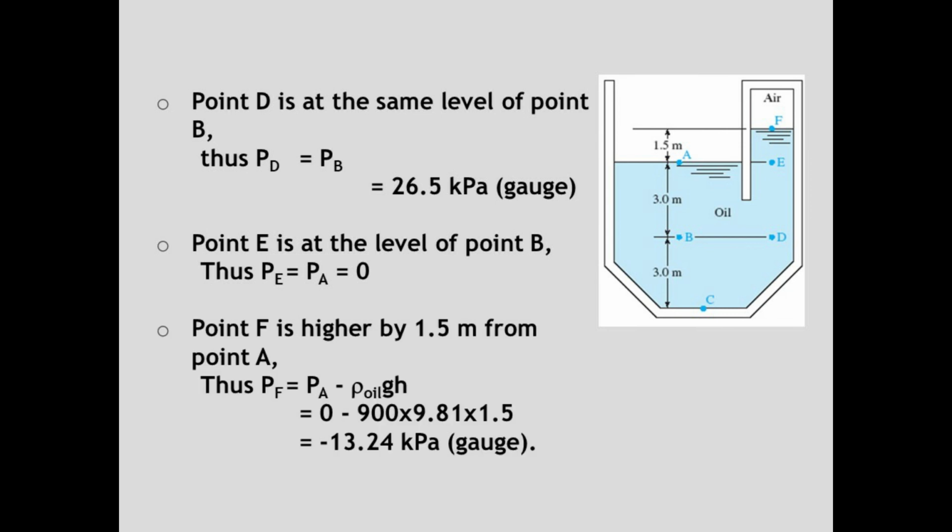Point F is located at the liquid surface, but the location is where the air is in a closed section. So there is a pressure at point F, because the air is located in the closed region.